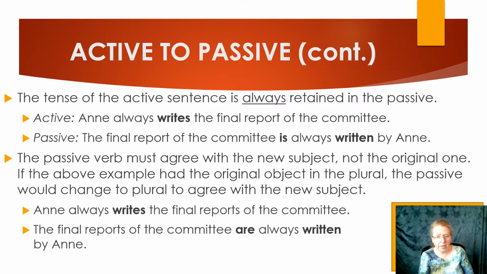So when we go to the passive voice, the final reports of the committee are always written by Anne. We have to change the verb from is to are. So the final report of the committee is always written by Anne, but the final reports of the committee are always written by Anne. So we just have to pay attention to where we might need to adjust the verb because the subject and object are switching places. So we have to make sure the verb agrees with the new subject.